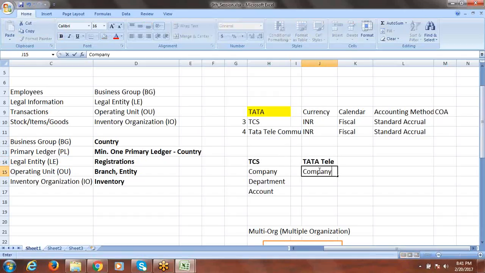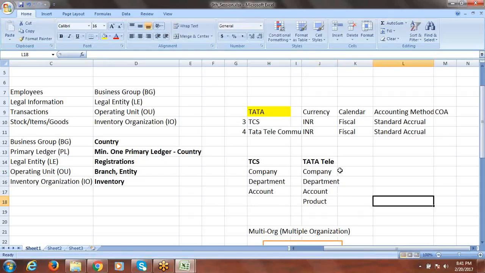They need company, department, account, and say product. TCS needs 3 segments, Tata Telecommunications needs 4 segments. Now everything is the same, but the segment requirement is totally different. TCS needs 3 and Tata Telecommunication Services needs 4.